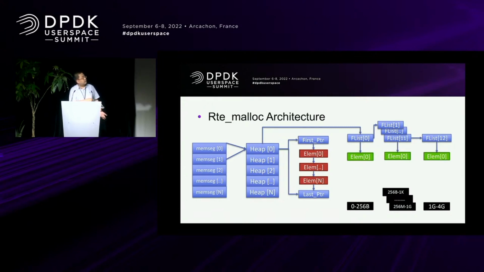For example, bucket 0 just covers 0 to 256 bytes, right? You have the free element here, and then you move on. You have 256 bytes to 1K as bucket 1, etc., until the end, the 12th bucket that covers 1 gig to 4 gig.